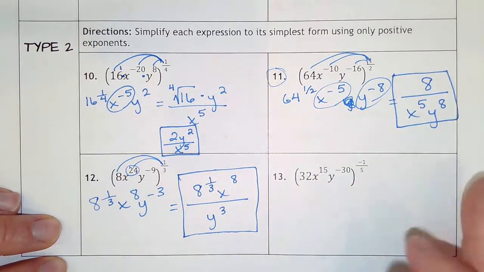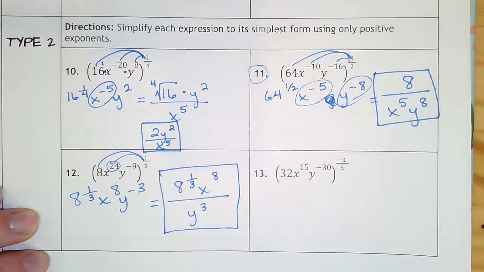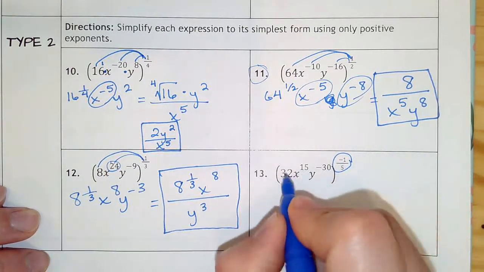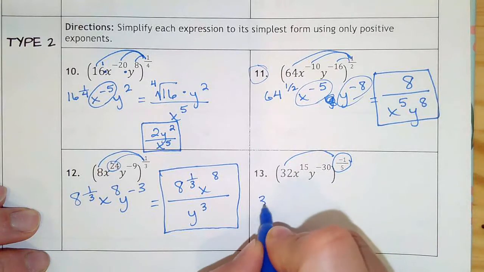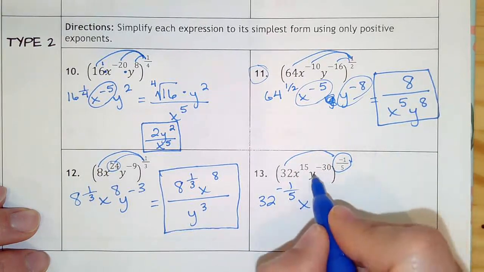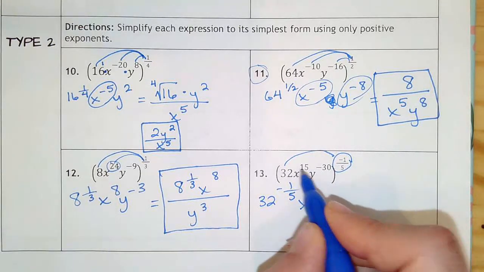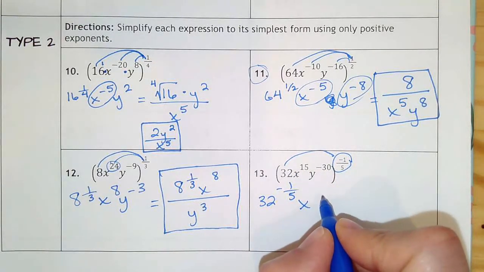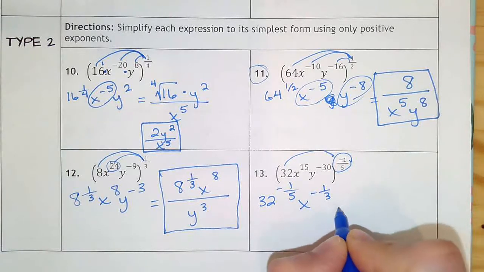Okay, go ahead. Let's look at 13. 13 has a negative power here. Be aware of that. We got 32 to the negative 1/5 power. Negative a fifth of 15, or 15 divided by 5, would be negative 3.